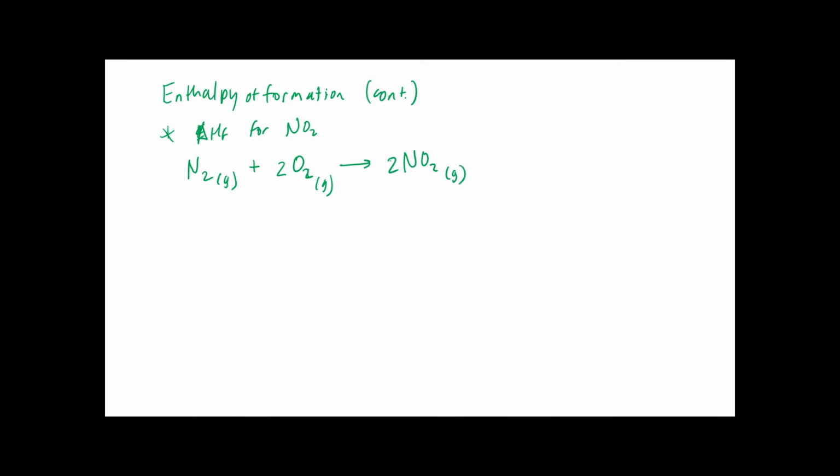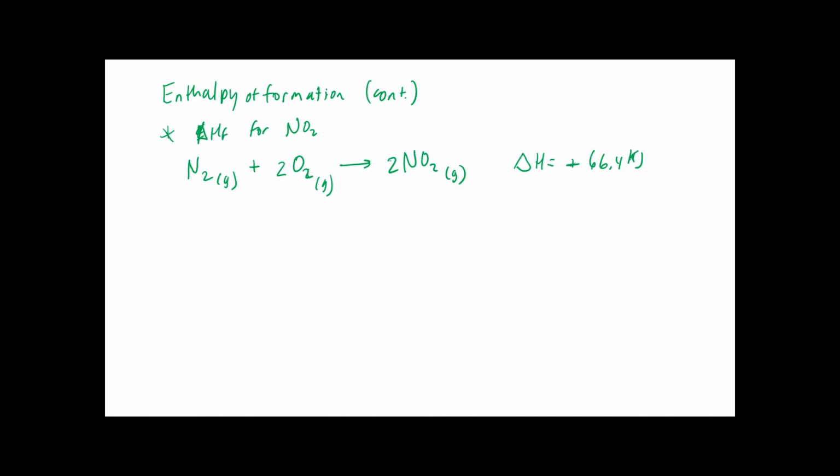Alright, so now if you see the equation and they give you delta H equals, actually, sorry, we'll do positive 66.4 kilojoules.